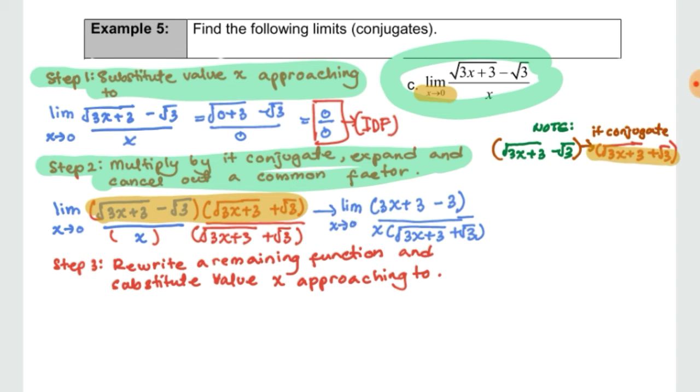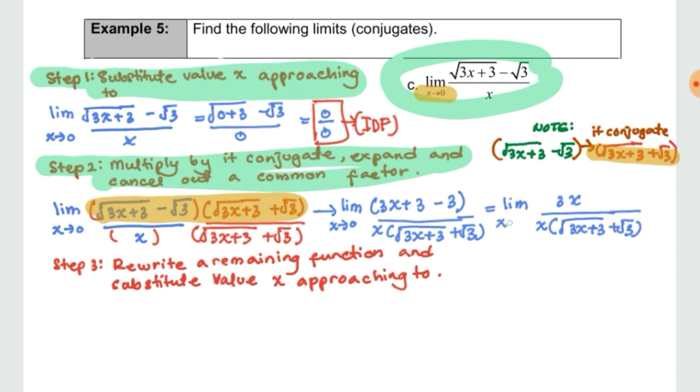By the way, we must simplify. So we get 3x plus 3 minus 3, simplify. We get the limit of 3x over x multiplied by square root of 3x plus 3 plus square root 3.